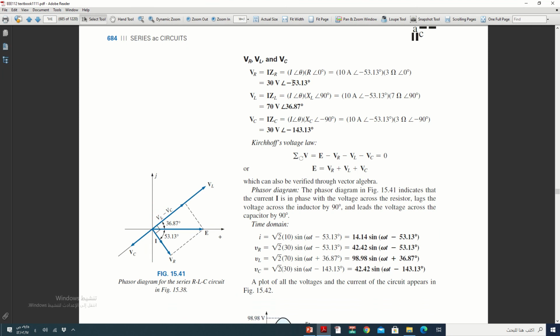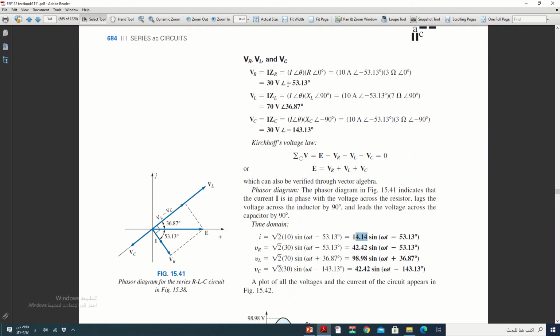Now all these forms, phasor form, if we need to convert to a sinusoidal expression, you need to multiply the RMS by root 2, RMS by root 2, and you will get the peak value and sign.